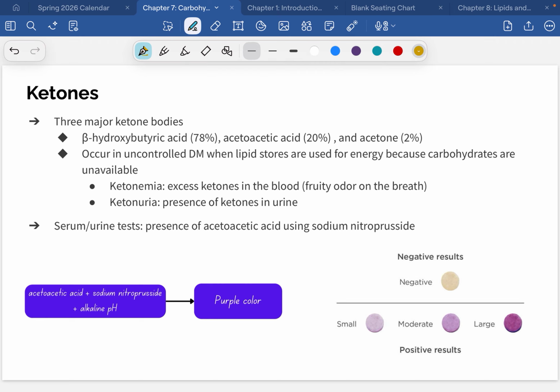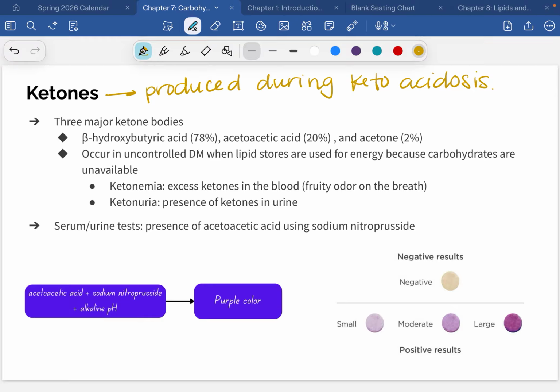substances that are produced in the body during ketoacidosis, which is a state in which the body uses lipid stores and sometimes muscle tissue in high amounts because carbohydrates are unavailable.